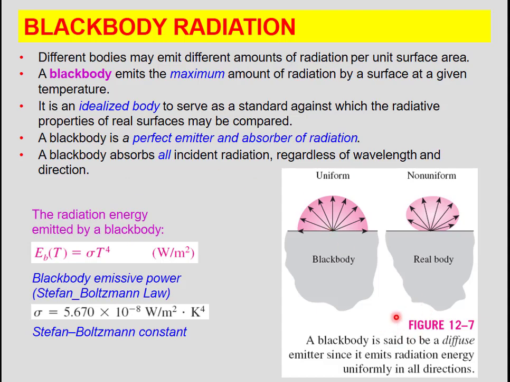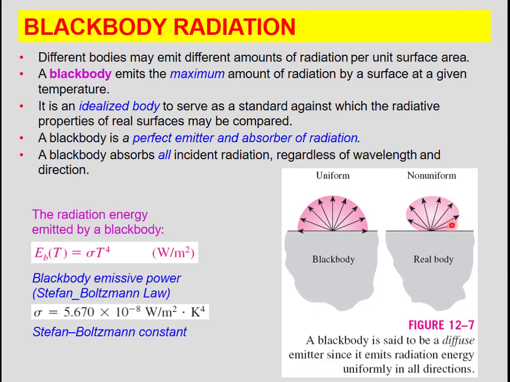And also we have another definition. Later we will see that in more detail, but briefly I can introduce here that a black body is said to be a diffuse emitter. Diffuse emitter means it emits radiation energy uniformly in all directions, as you can see here.